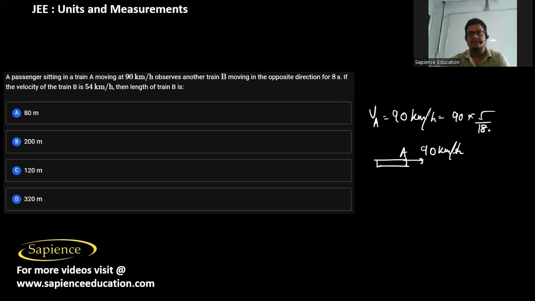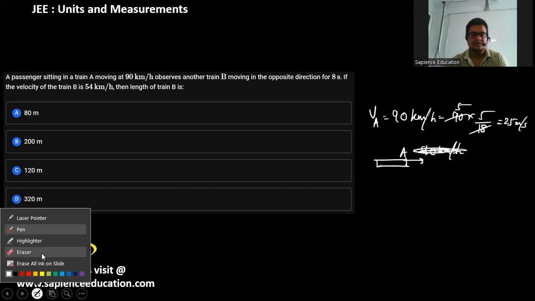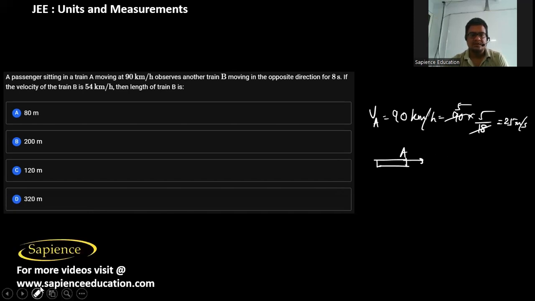So 18 5s are 90, so that is 25 meter per second. So speed of the train A is 25 meter per second.